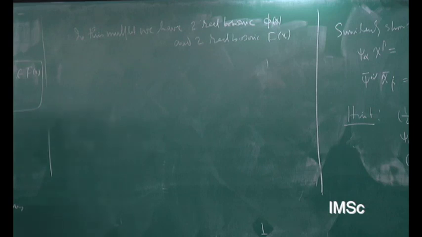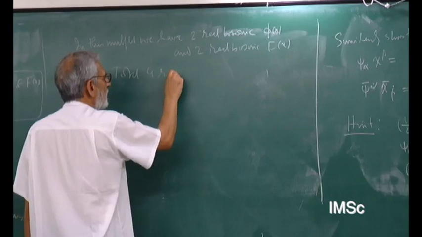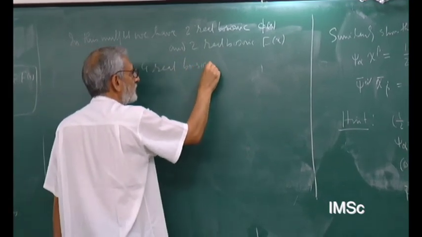So four real, total four real bosonic fields.